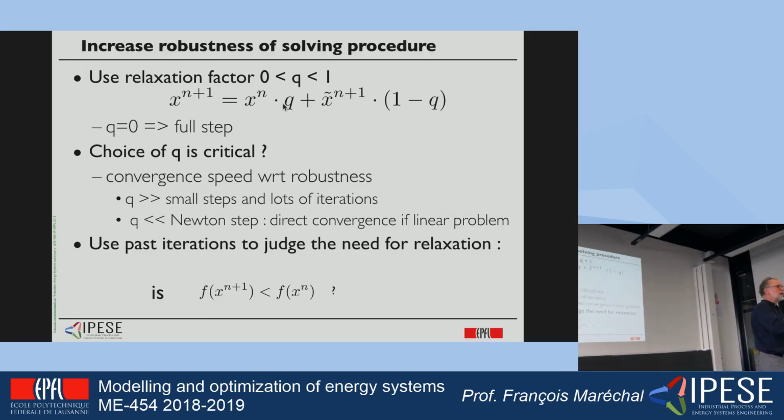And if we then realize that it is not the case, then we go in the middle and we check again. And by checking again, it allows us to decide if we have a function that is highly nonlinear or that can be easily approximated with the first order. Okay? So it means that at the end we can change and adapt during the iterations the value of the relaxation coefficient.